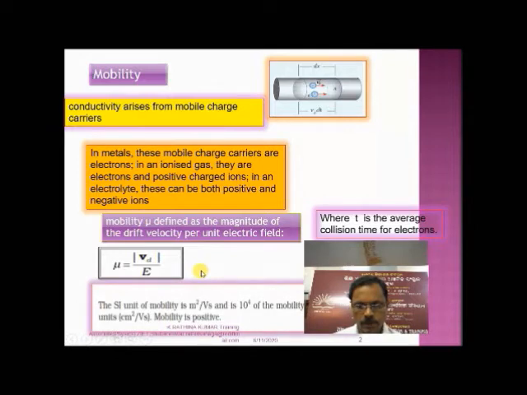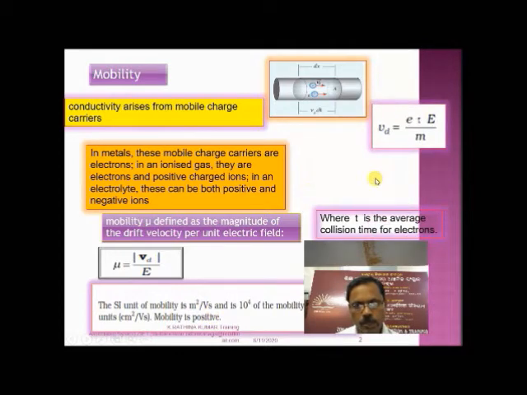The SI unit of mobility is meter square per volt second, and 10 power 4 of that is the unit centimeter square per volt second. So mobility is always positive.